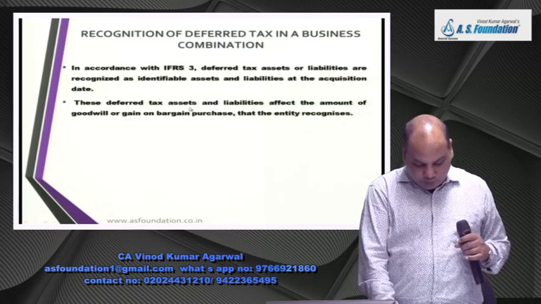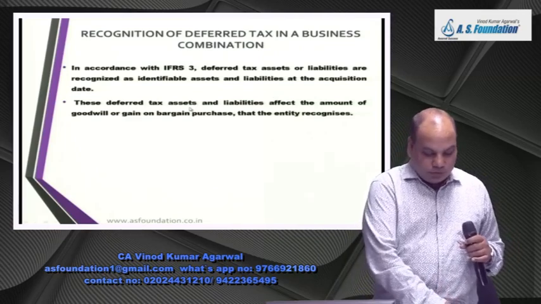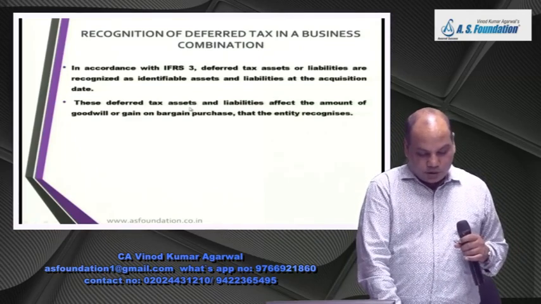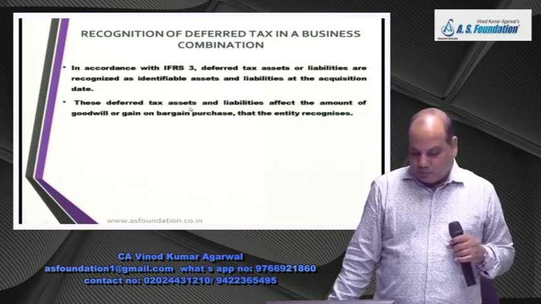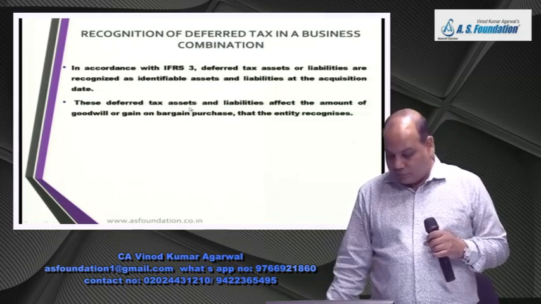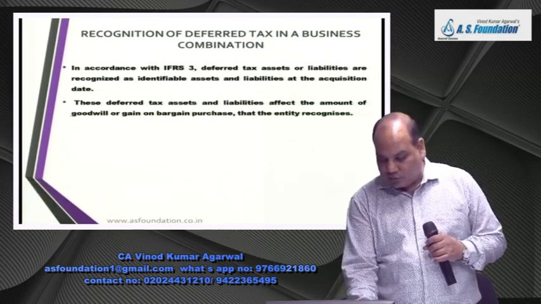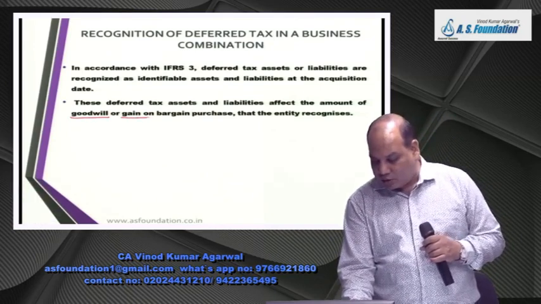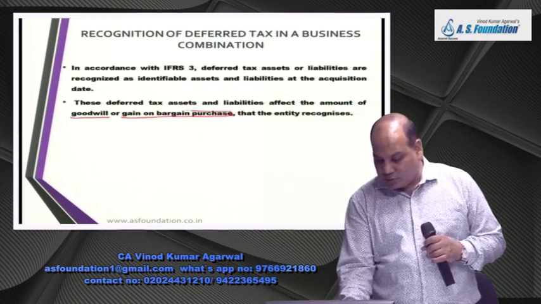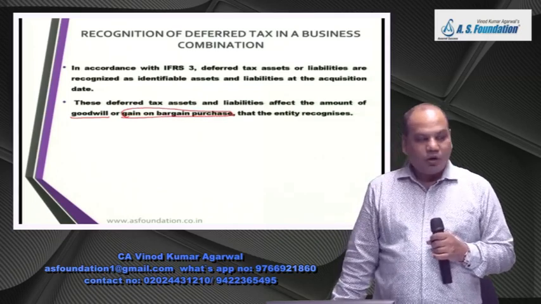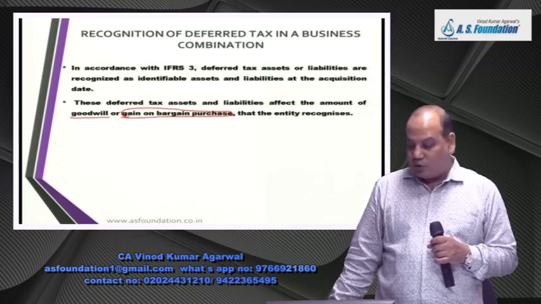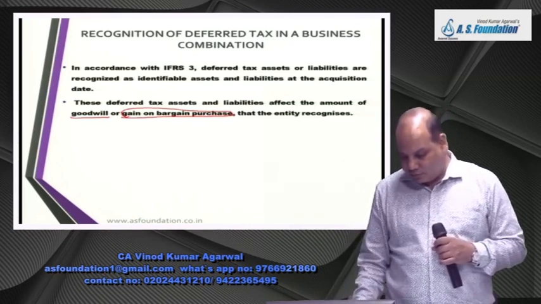What is the side effect of this? The side effect is that if you recognize DTA or DTL, then it will also affect the amount of goodwill, or gain on bargain purchase. How will this affect goodwill or gain on bargain purchase?